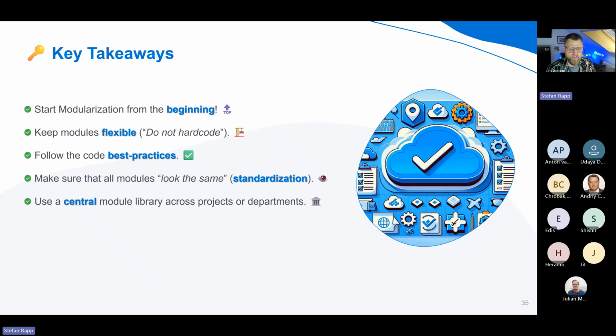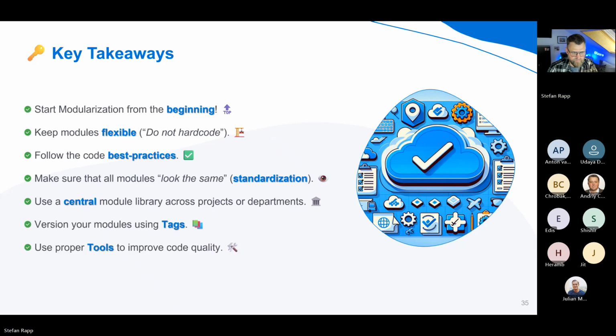That doesn't make sense. If you want to use synergies between your departments or projects, a central module library can make sense, and the platform team can put all the effort in to make sure that the versioning of the modules is managed according to the life cycle of the provider, which makes total sense.